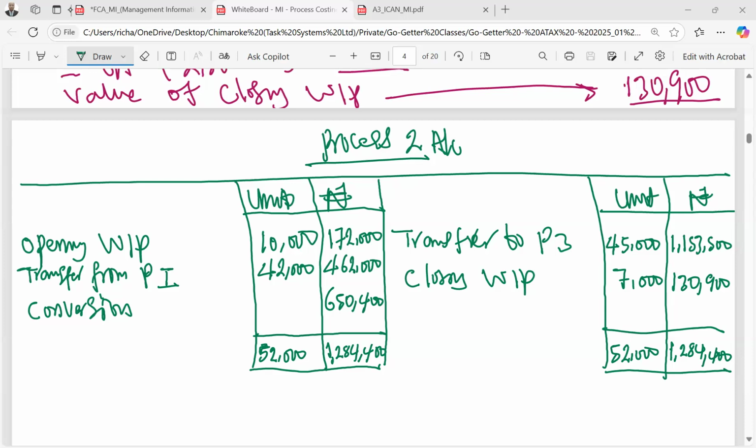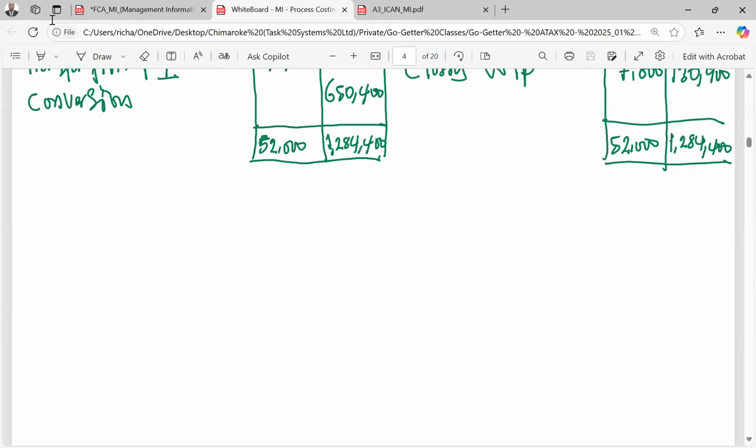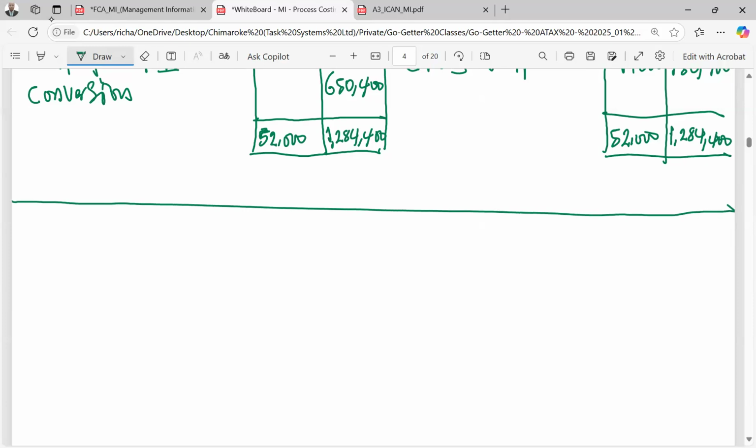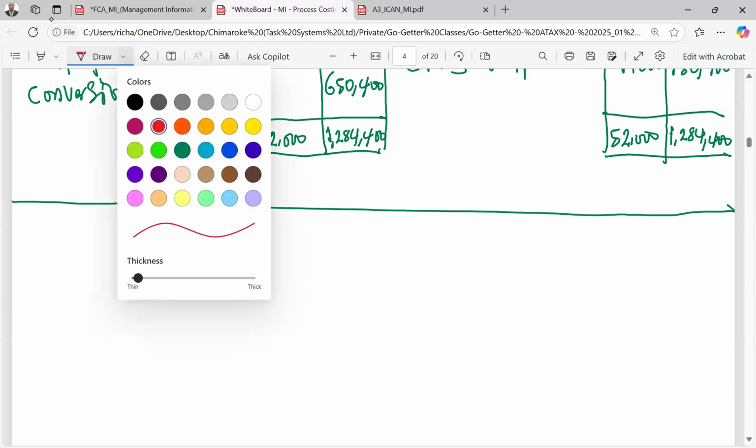We are going to apply the same 3-statement method when solving this problem. Let's look at the question again. We will say this is FMC Limited using the average method. Let's draw a big line here and change the color of our pen.